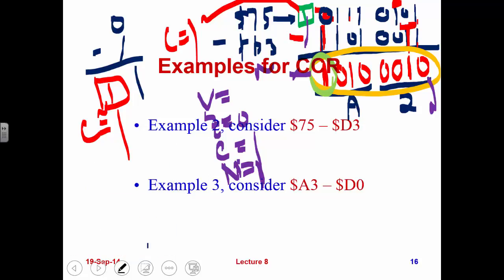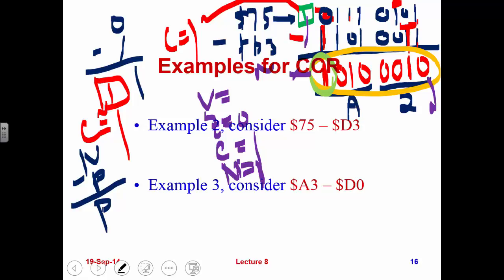When we subtract a positive number from a negative number, the result should be negative. But if the result turns out to be positive, that makes V 1.